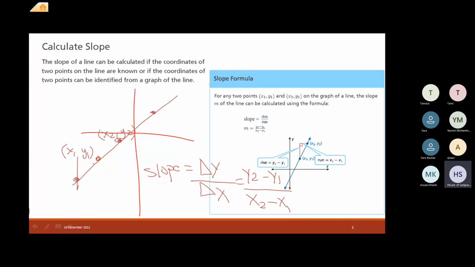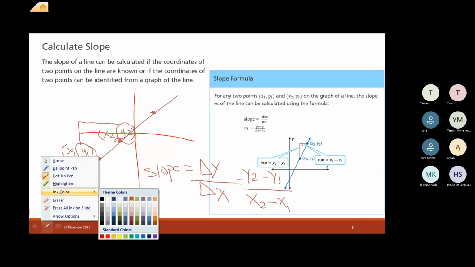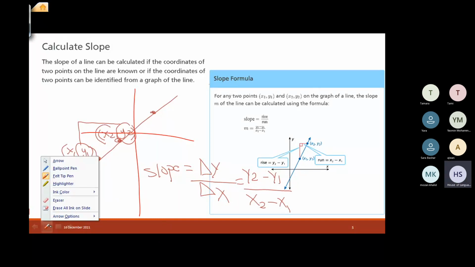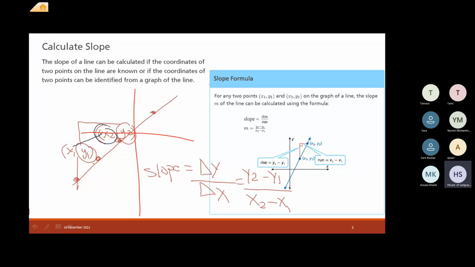Now, to find the slope, you will take y2 minus y1 over x2 minus x1. That is the formula.